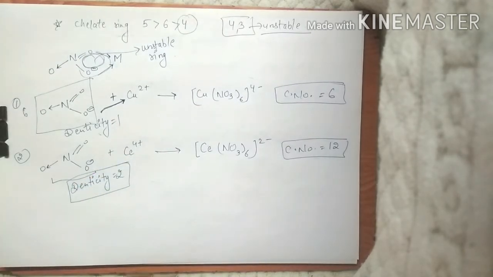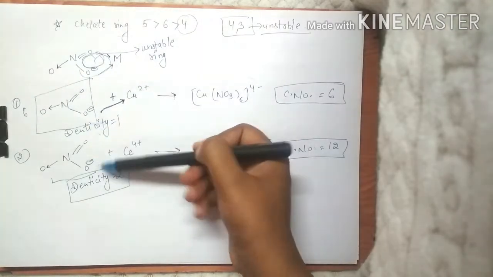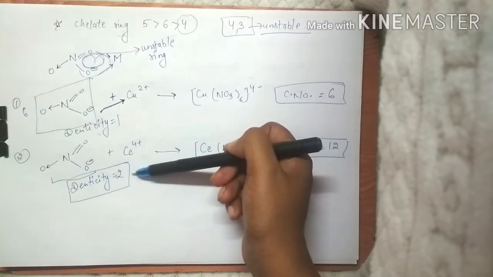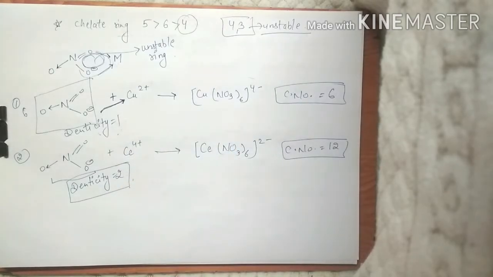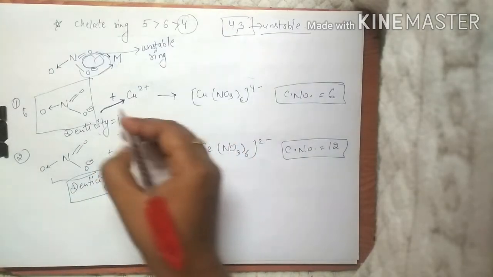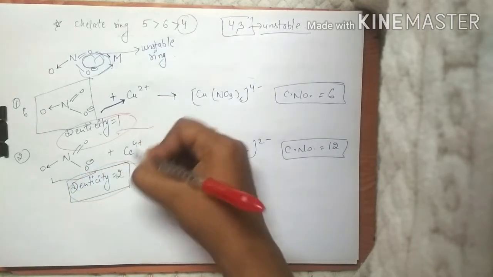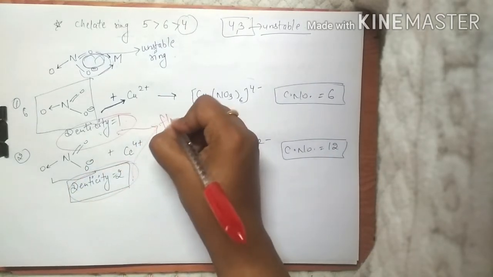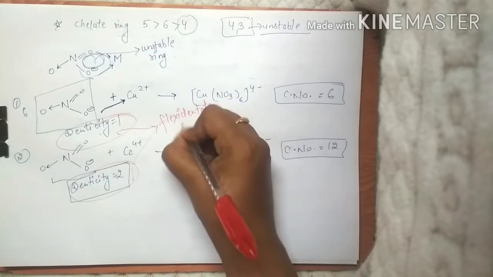Okay, here this ligand is showing denticity 1, and here it is showing a denticity value of 2. So this type of ligand also comes under the category of flexidentate ligands, because it is showing denticity of 1 also and 2 also.